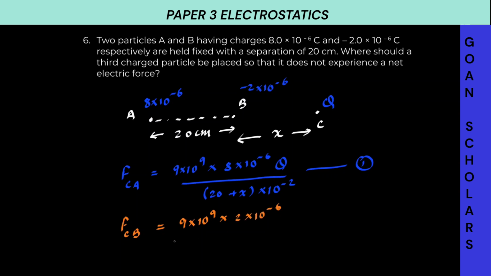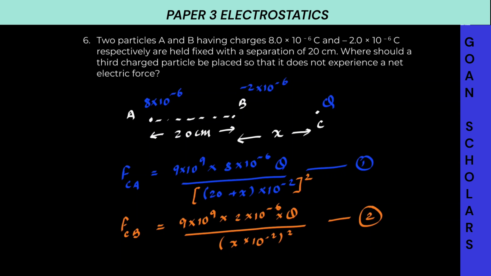Be very careful, you will not take the negative sign into consideration here while calculating the force, into the charge Q which is to be placed at C, whole divided by the separation, x × 10^-2, whole square, because the formula for force is k q1 q2 by r square. This is our equation 2.